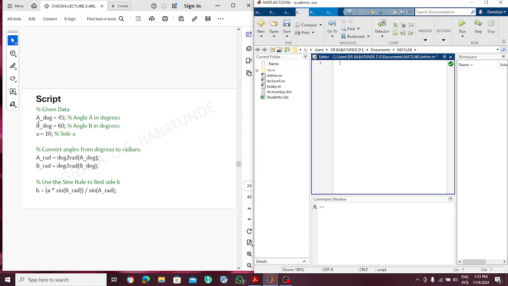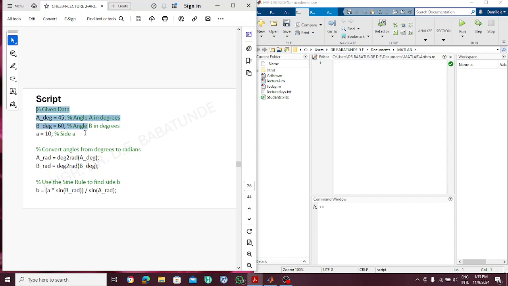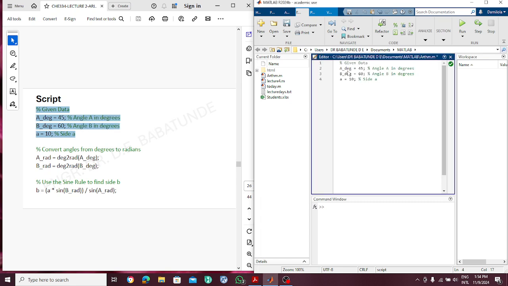Likewise, B and C. So the given data is our angle A and B in degrees, and the side, which is 10 units. There is a comment beside each explaining what the variable is: angle A in degrees, angle B in degrees, and side A, which is a given value.